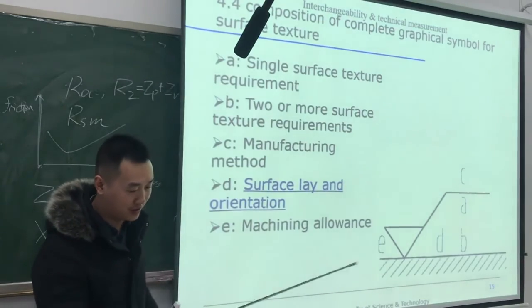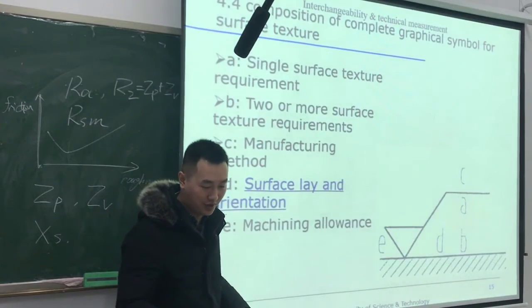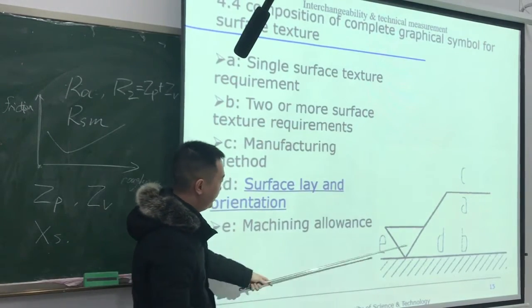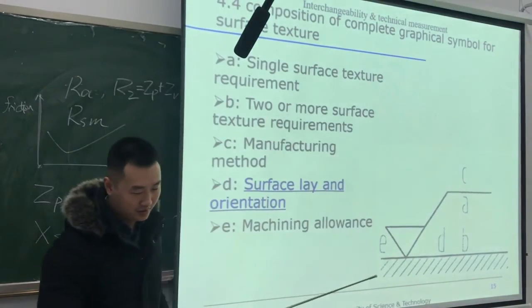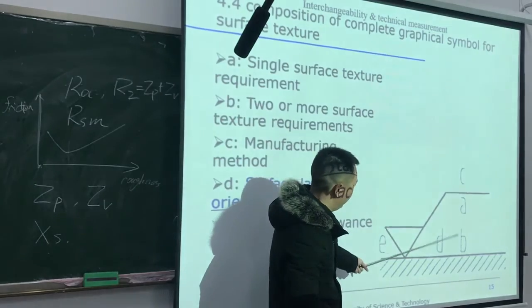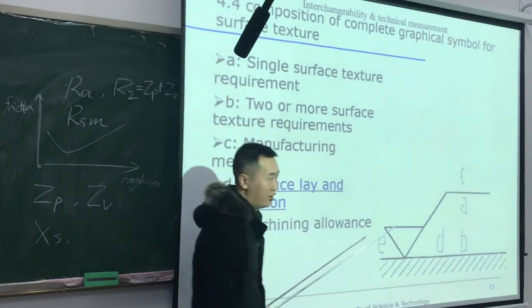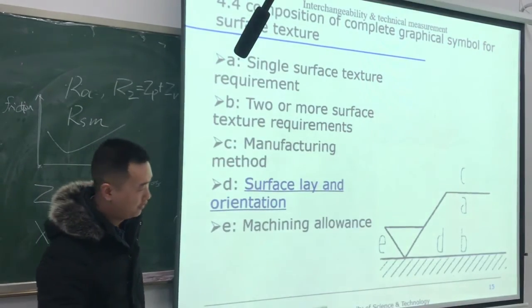Then let's see the composition of a complete graphic symbol for surface texture. This is a complete graphic symbol, and here A, B, C, D, E can all label related requirements.